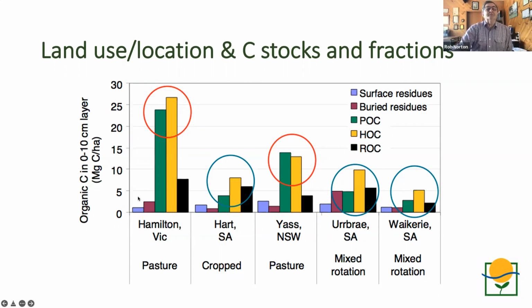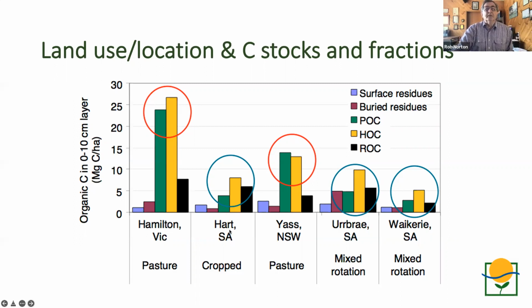So if we're at Hamilton and looked at what the carbon stocks in that soil were in terms of particulate, humus, and recalcitrant, there would be somewhere around 50 tons of carbon, about half and half particulate and humus. So that soil has a very strong capacity to provide turnover of organic materials.